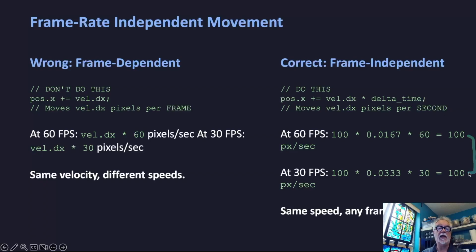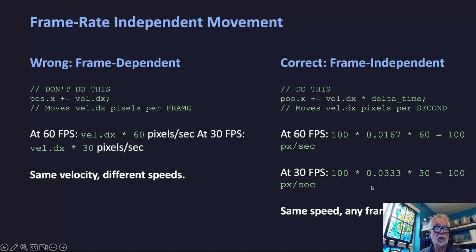If you remember from that animation that we saw at the beginning of this video, the speed of all of those squares that were running across was the same in terms of pixels per second. So same speed, any frame rate. This is what allows it.